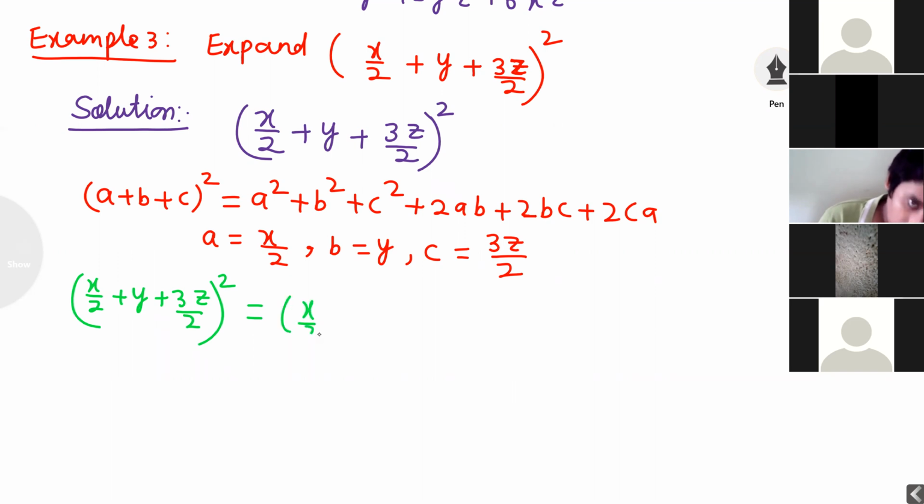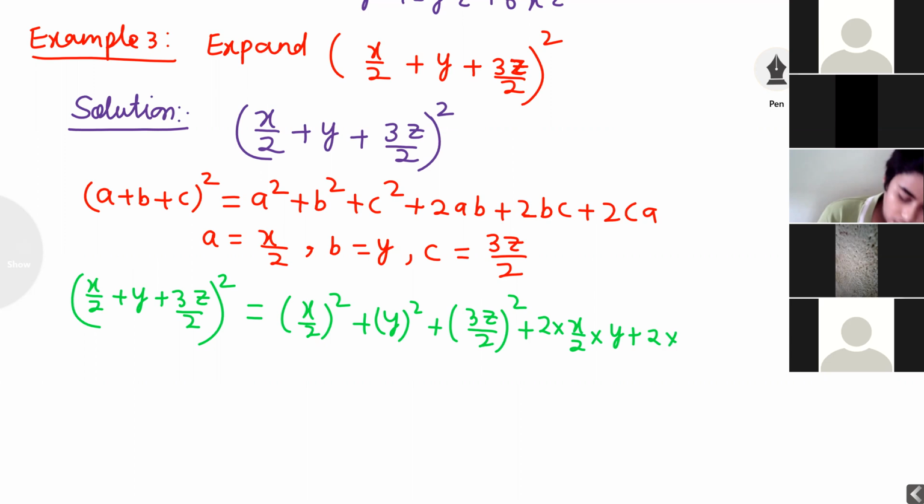X by 2 whole square plus y whole square plus 3z by 2 whole square plus 2ab. 2 into x by 2 into y plus 2bc. 2 into y into 3z by 2 plus 2ca. 2 into 3z by 2 into x by 2. Now we want to simplify this.